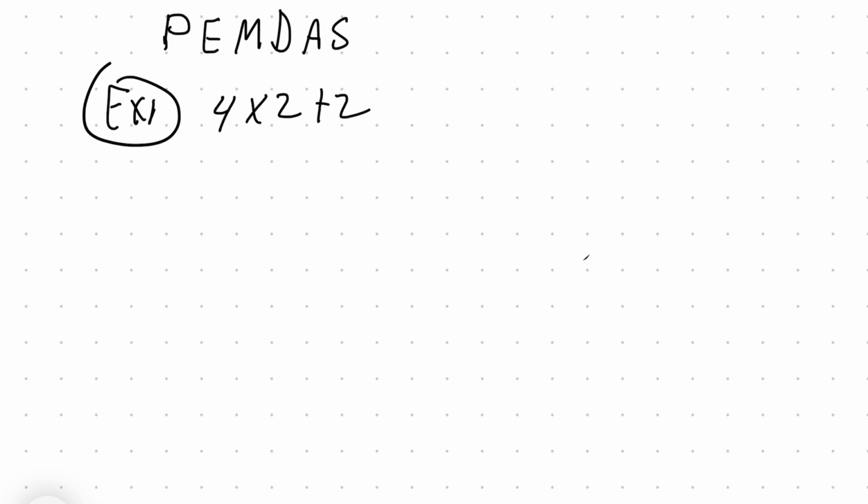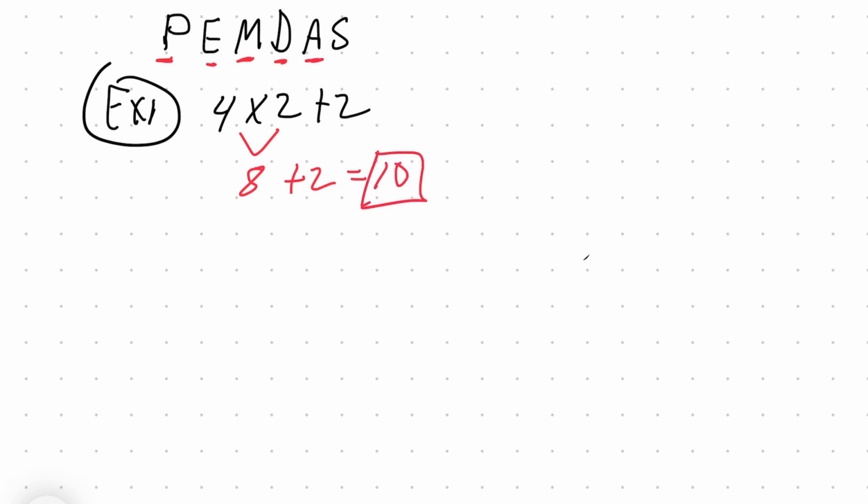You don't have parentheses, so you skip that. You don't have exponents, so you skip that. We do have multiplication, 4 times 2. You multiply those two, you get 8. Bring down the plus 2. Then you don't have any division, but you do have addition. So you add that and you get 10.